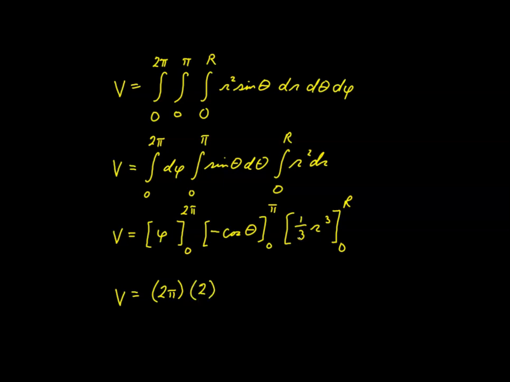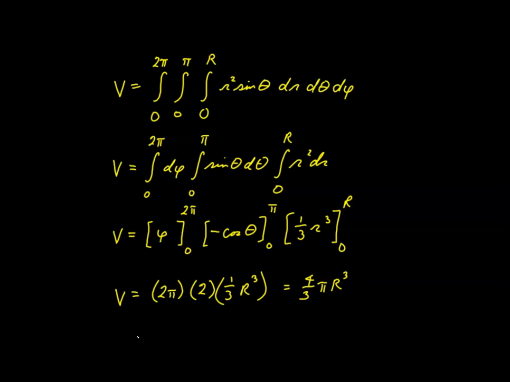And then here we have 1/3 r cubed minus 0 is just 1/3 r cubed. And then when we collect all these factors together, we get our expected answer of 4/3 pi r cubed. And so finding the volume of a sphere is just this easy as long as we use spherical polar coordinates.